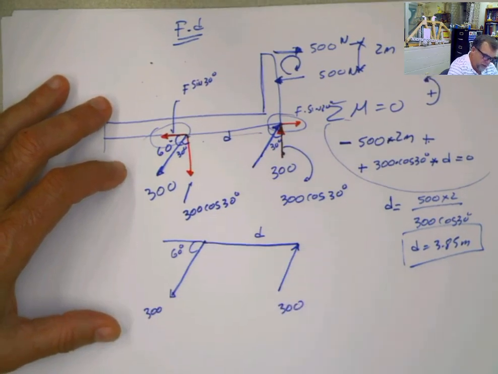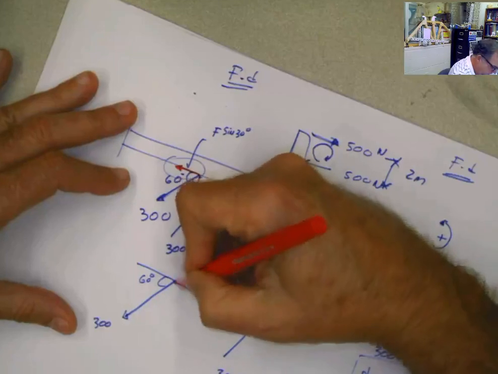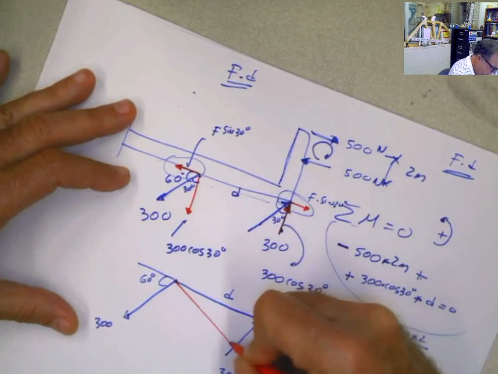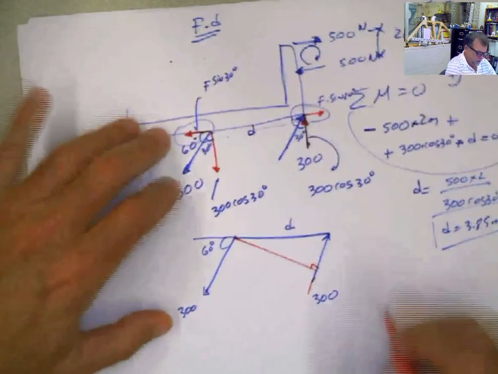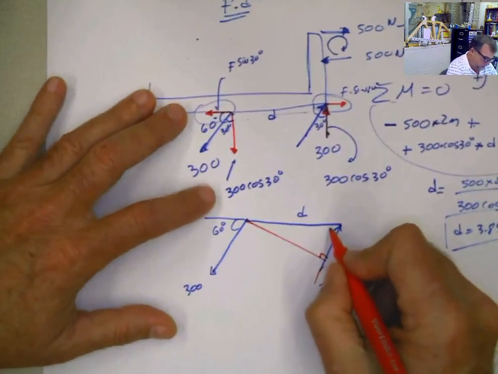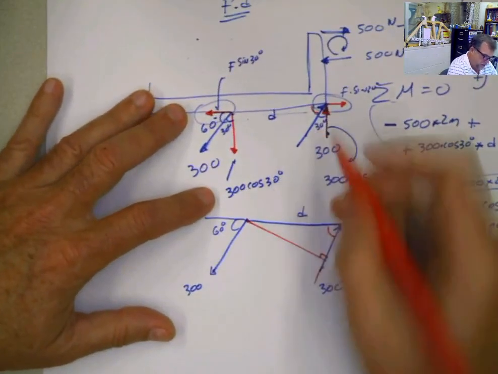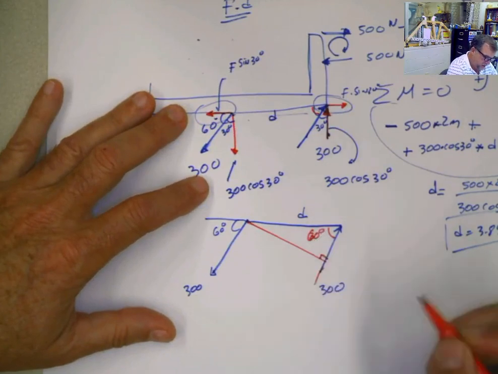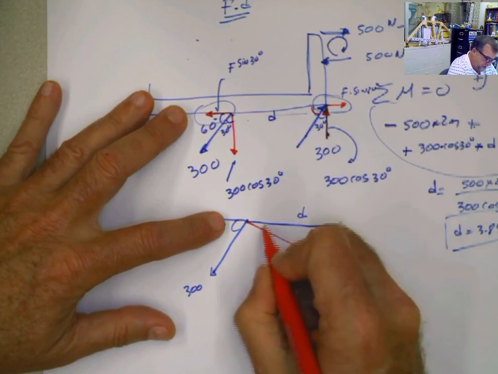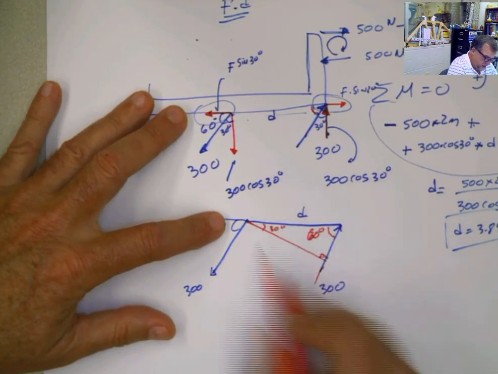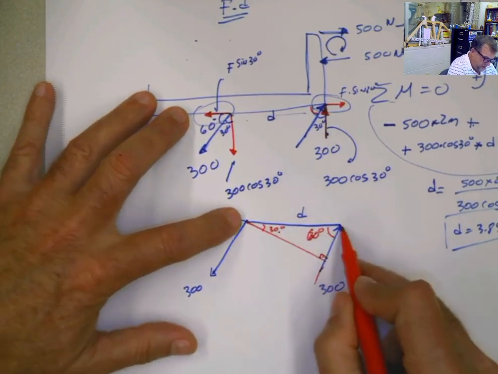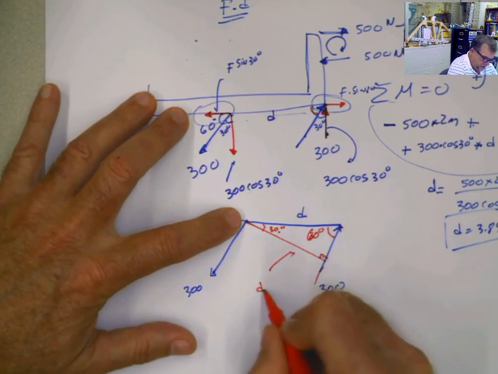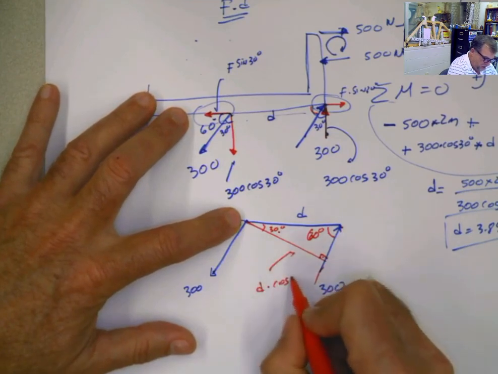Well, what if I decided to come here and find this perpendicular distance here? I know this value. How much is this value? This value is this value, and this is the same 60 degrees. And I know that this is 60, this is 90, this is 30 degrees here. And if this is 30 degrees and this is d, this value here is d cosine 30 degrees.